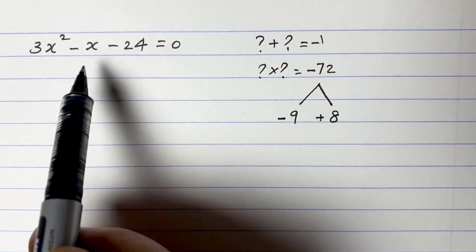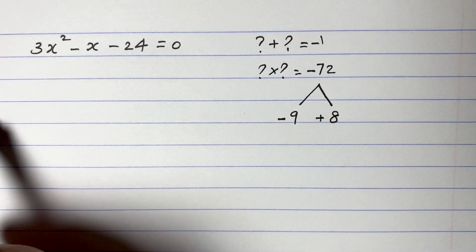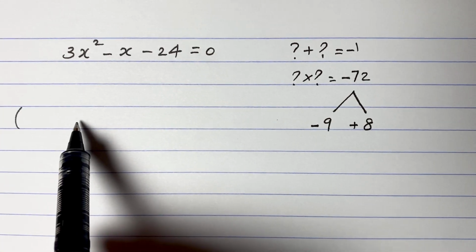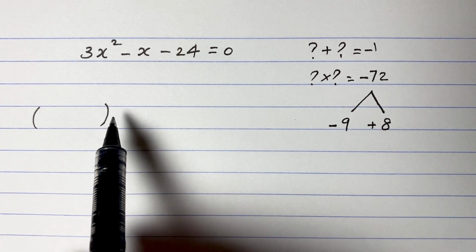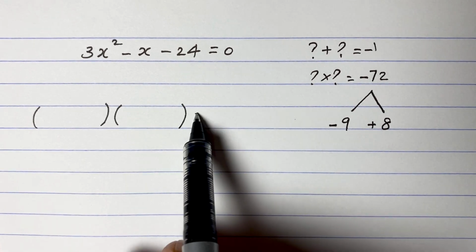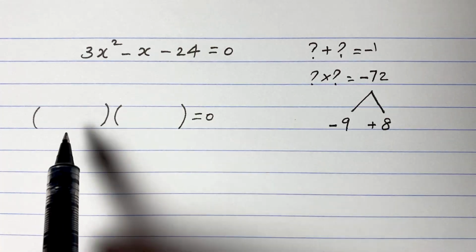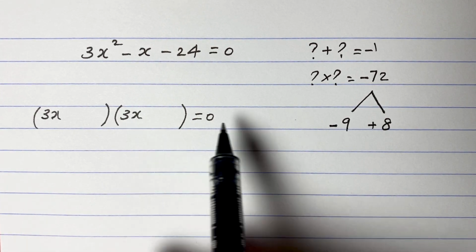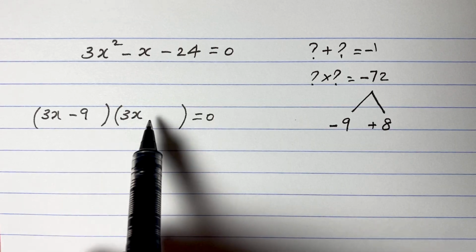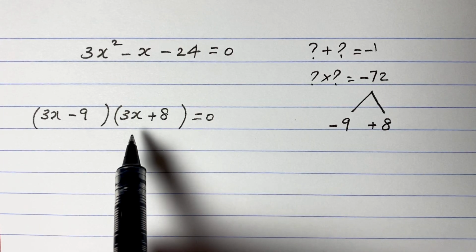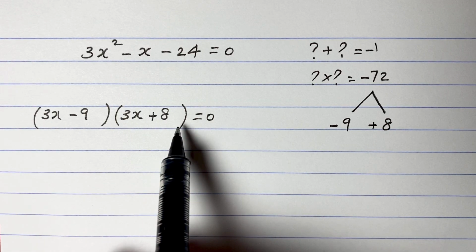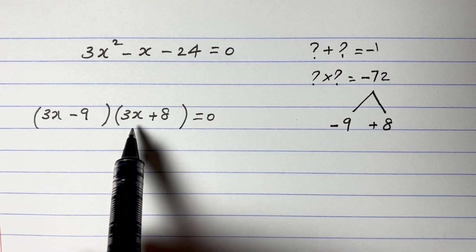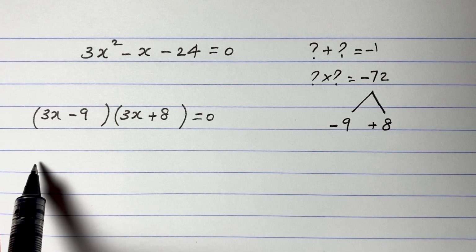So doing the quick method, which is quick but starts wrong, then we have to correct ourselves. Since we start with 3x squared, you put 3x in each bracket, which is not correct. Then put these two numbers here, minus 9 and plus 8. To make this correct, we have to factorize each bracket as far as we can.